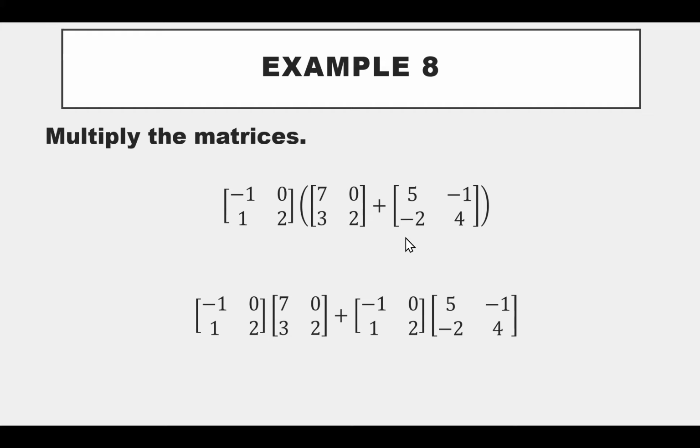So we'll do the sum first and then multiply, and then we'll multiply the first matrix in the sum by my matrix outside, and then multiply the second matrix in the sum by the matrix outside, and then add them and see what happens. If you want to go ahead and try this on your own, push pause on the video. In a couple of seconds, I'll show you how it's done.